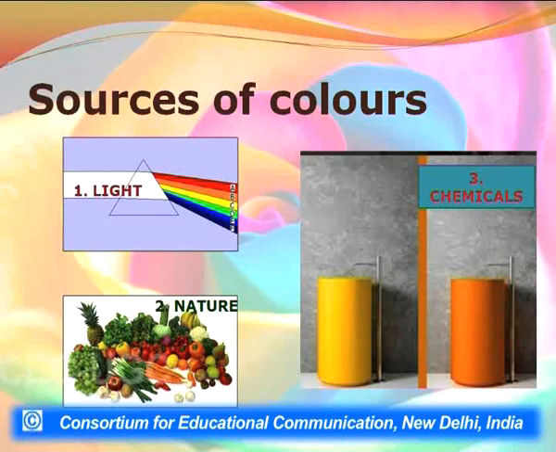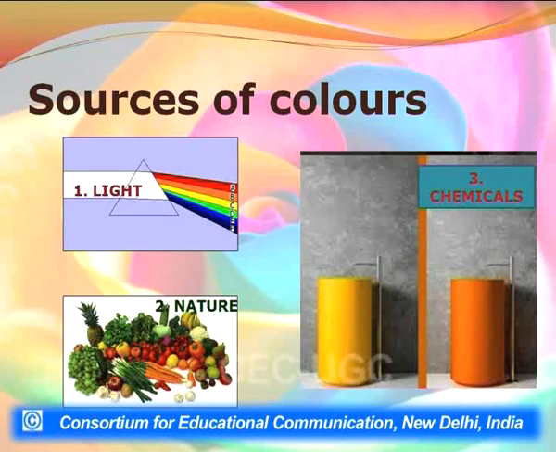As you all have seen the colors of a rainbow, and if you have done this practical in your physics or science classes, you would have found that a ray of light, when passed through a prism, is dispersed into 7 different colors, and these are known as VIBGYOR: violet, indigo, blue, green, yellow, orange and red. Those 7 colors are visible in a rainbow also, and a rainbow is formed after the rains.